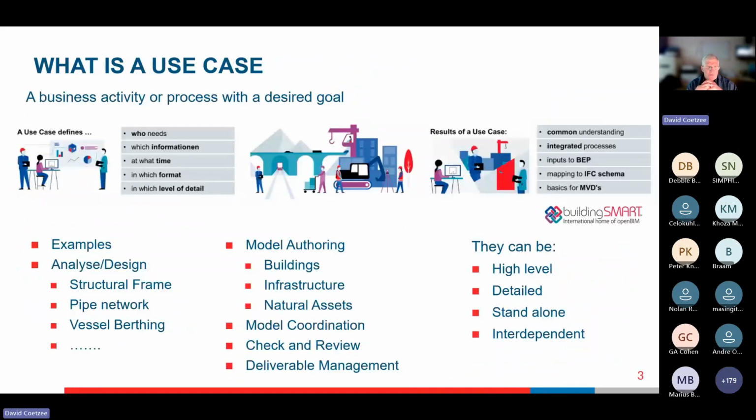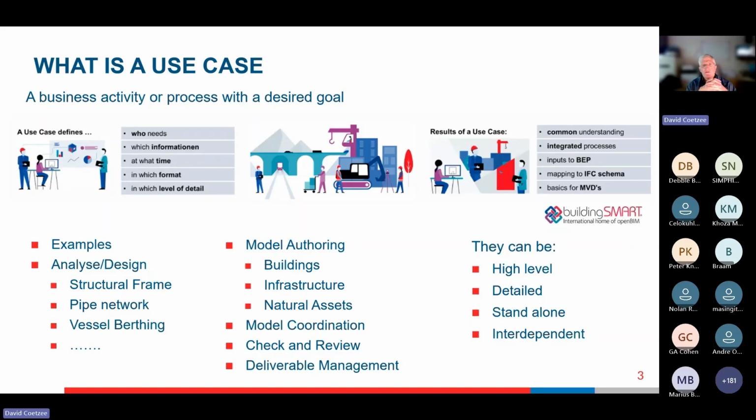So going back to my very, very first comments about we really need to see this as a business use case. So what is a use case? Because now I'm using information technology language. And the images at the top of the slide are really directly orientated towards BIM. So a use case defines who needs which information, at what time, in which format, and which level of detail.